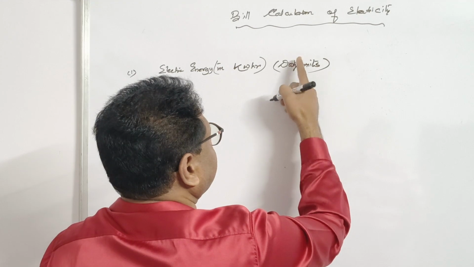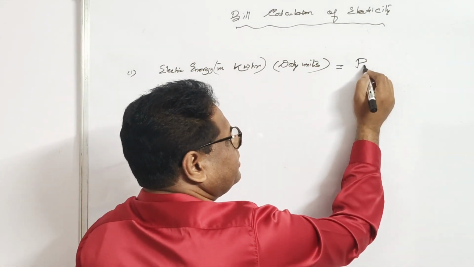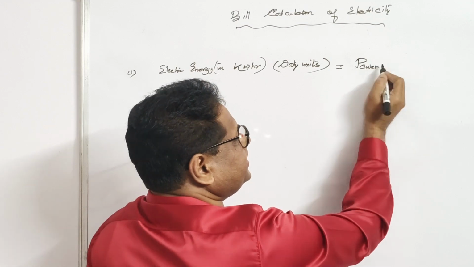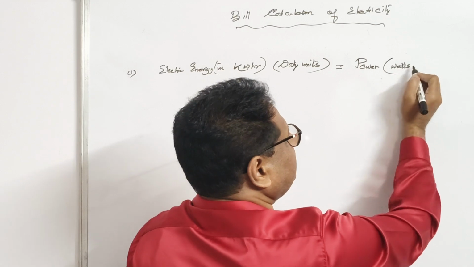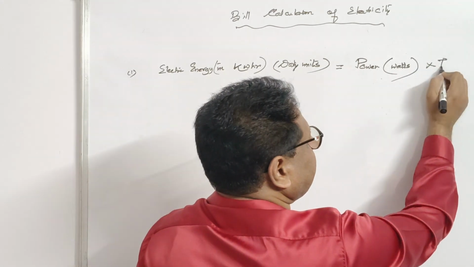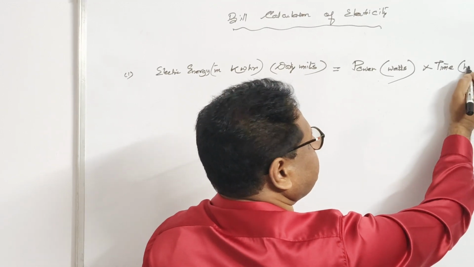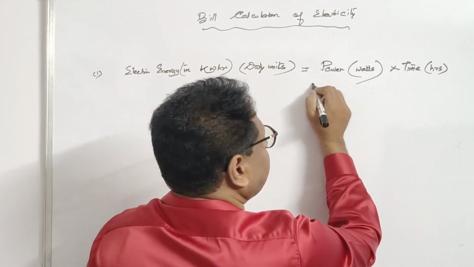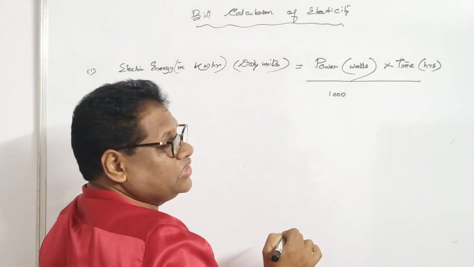Now the formula for this is you have to express the electrical power in watts, multiplied by time in hours, divided by 1000. Why 1000?